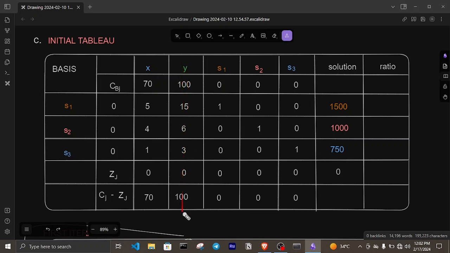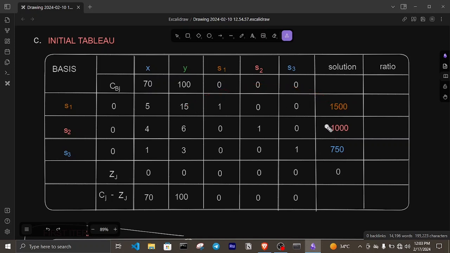Another instruction from the simplex method is that once you find a key column, you must also find a key row. Now I'll explain why we need a key row and a key column. To find the key row, you go to the solution, you pick a solution and its corresponding value on the key column. So 1500 has its corresponding value on the key column, which is y, to be 15.